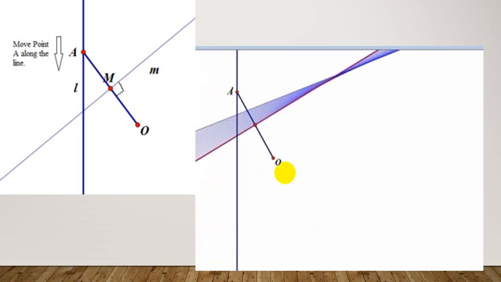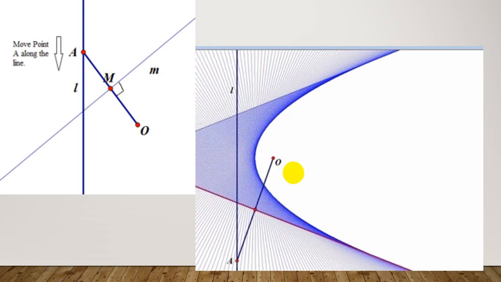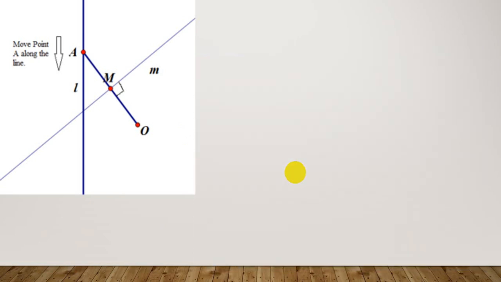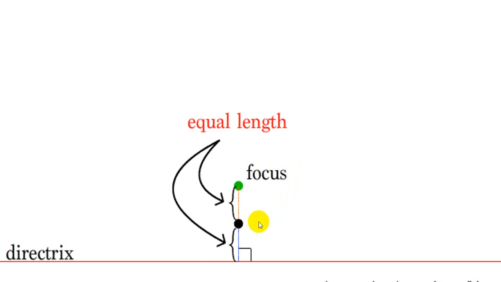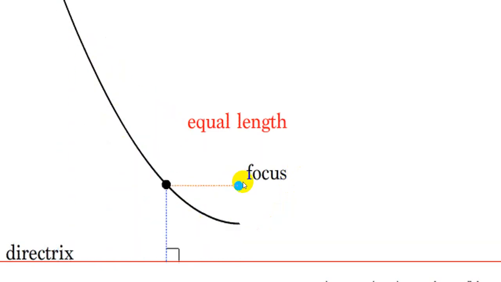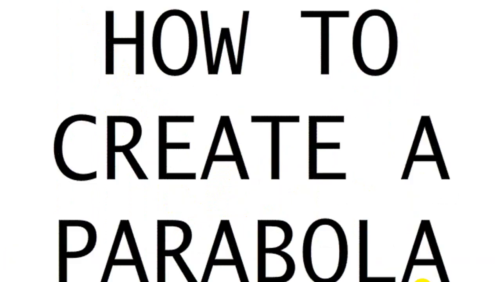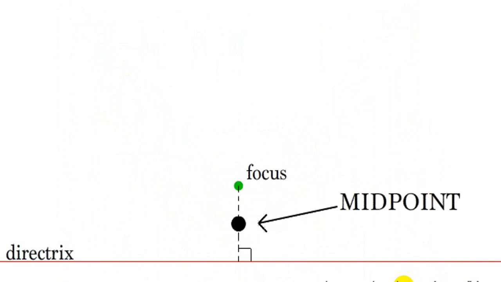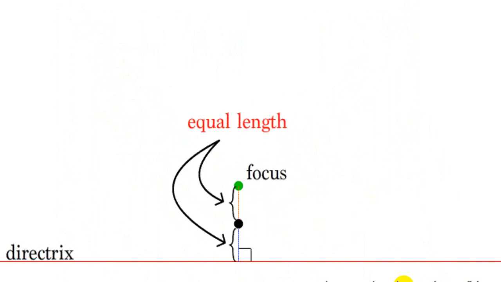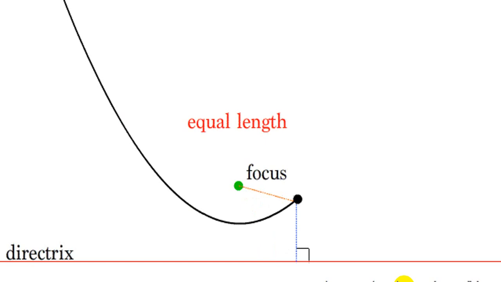In fact, there are two methods to draw that parabola. The first one is to take a line from the focus and take its projection perpendicular to the directrix. That is the first way to draw that curve.